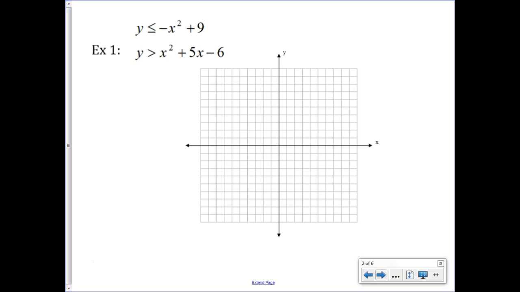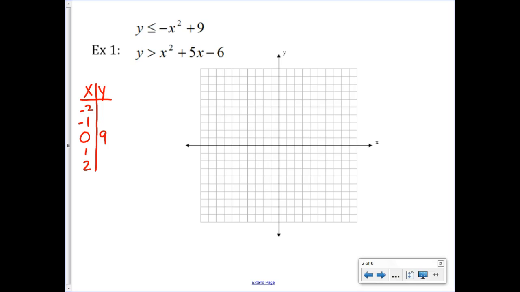So to graph, you could just set up your table. So I know that my vertex is going to be 0, 9. And so I'm going to put negative 1, negative 2, 1, and 2. So if I put negative 1 in there, I get negative 1 squared is 1.